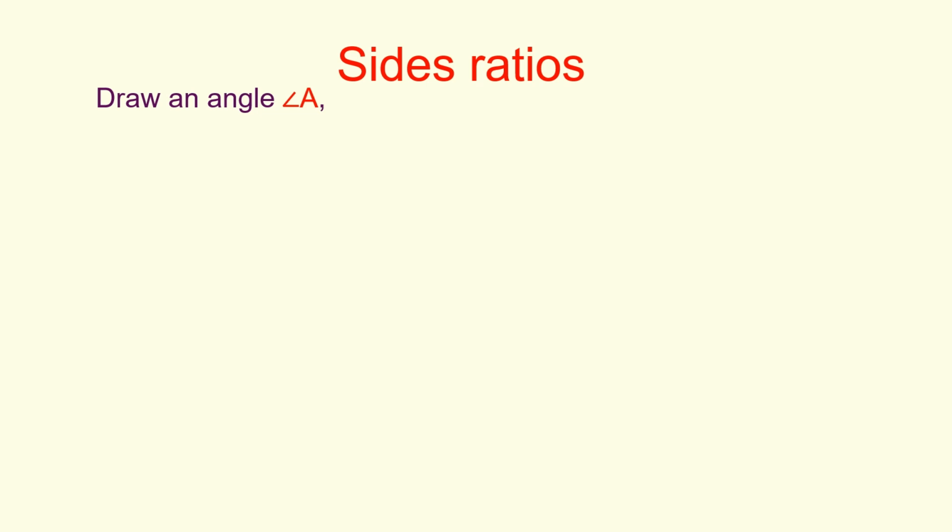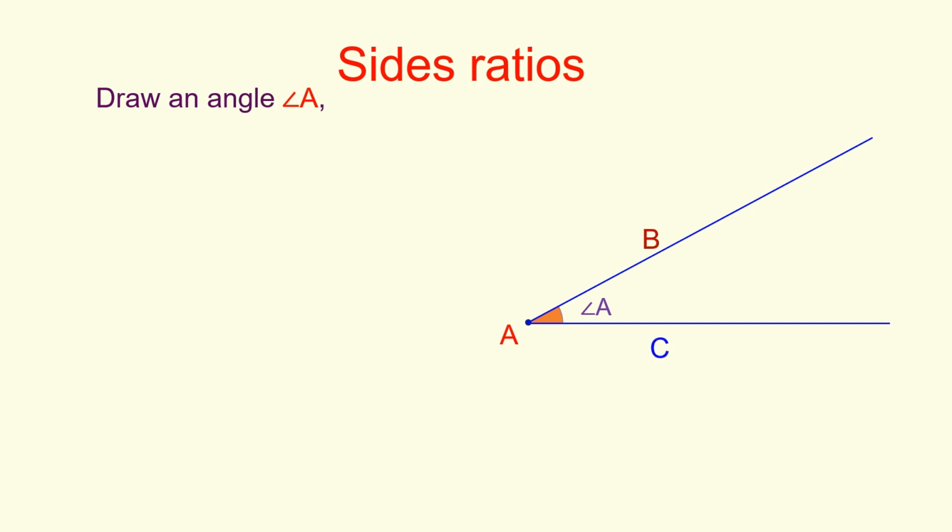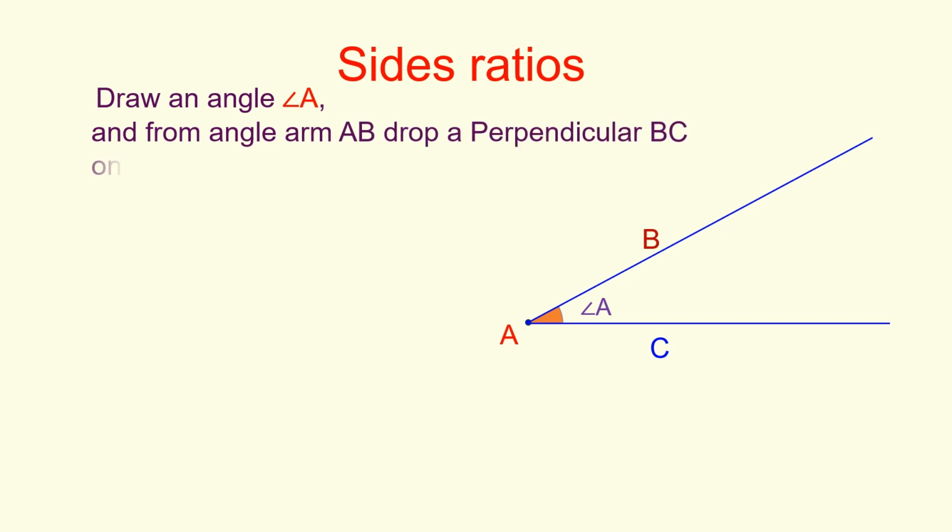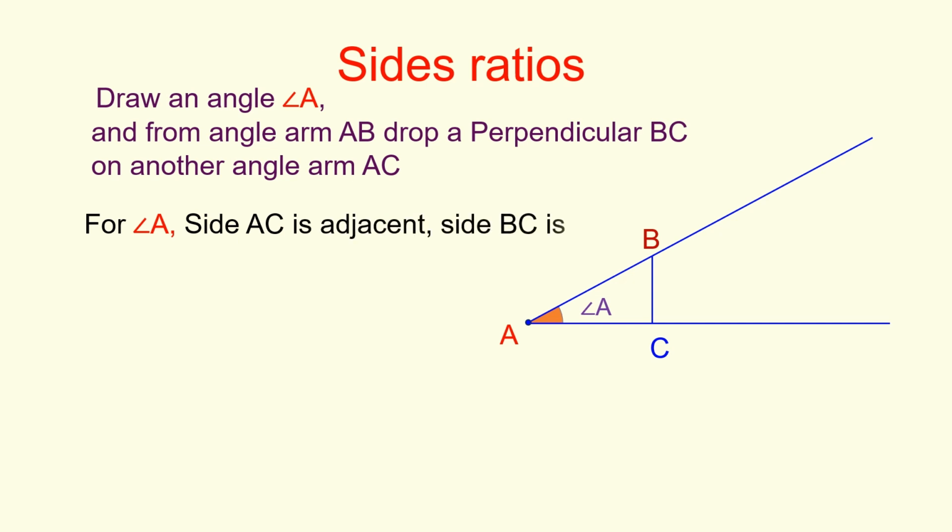Draw an angle A. And from angle arm AB drop a perpendicular BC on the other angle arm AC. For angle A, side AC is adjacent, side BC is opposite, and side AB is hypotenuse.